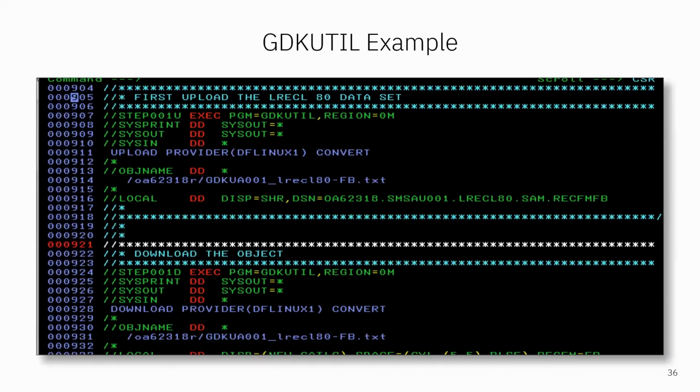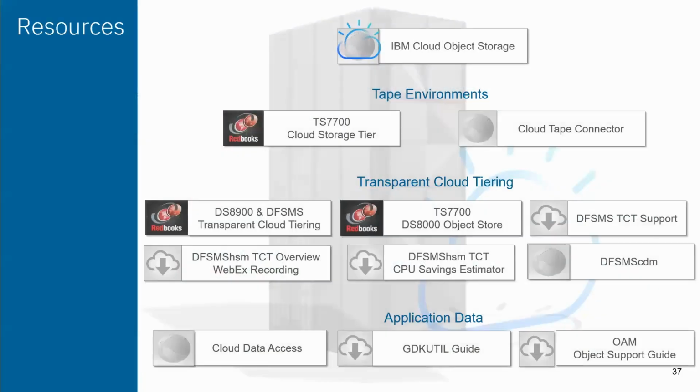And then I believe here, I have all kinds of links. We've talked about a lot of solutions. If you want more information on any of them, these are in the PDF. They're all hot links. For example, Cloud Data Access and GDK-util. For Cloud Data Access, we have a really nice content solution webpage that gives you a very nice walkthrough.